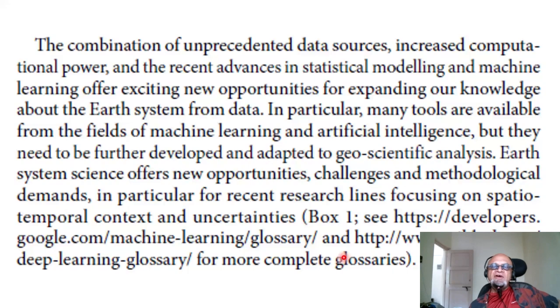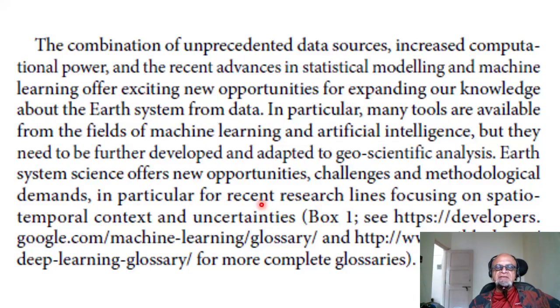The combination of unprecedented data sources, increased computational power, and the recent advances in statistical modeling and machine learning offer exciting new opportunities for expanding our knowledge about the Earth system from data. In particular, many tools are available from the fields of machine learning and artificial intelligence, but they need to be further developed and adapted to geoscientific analysis.